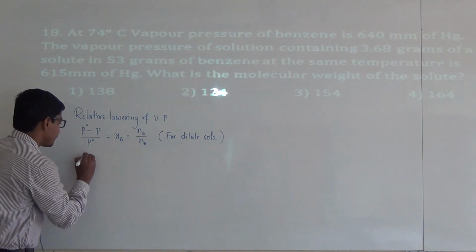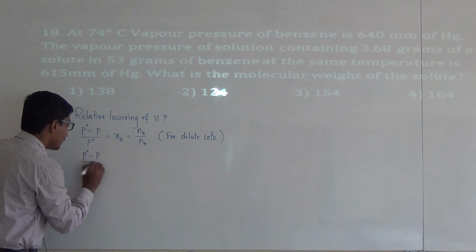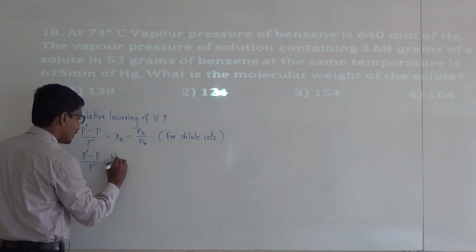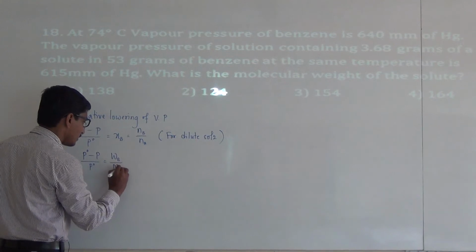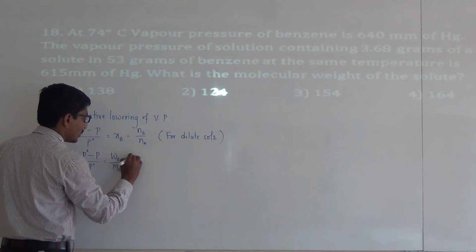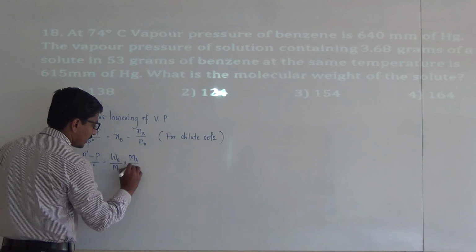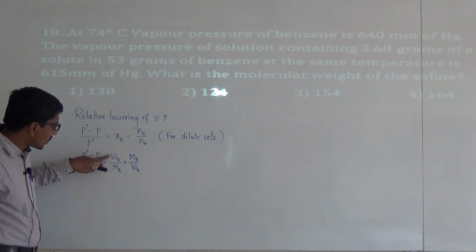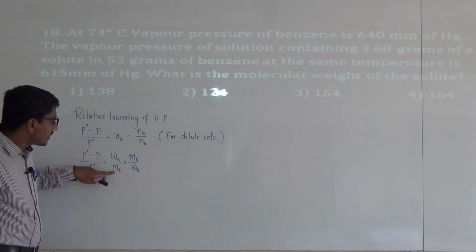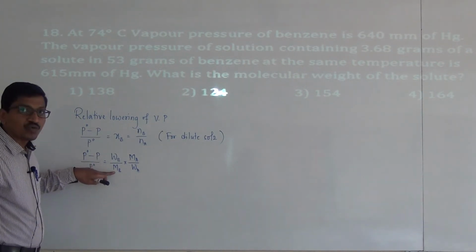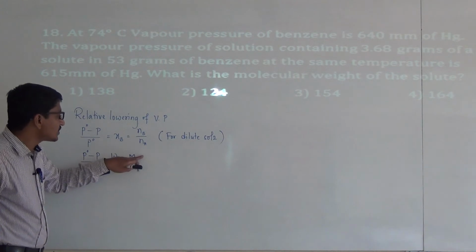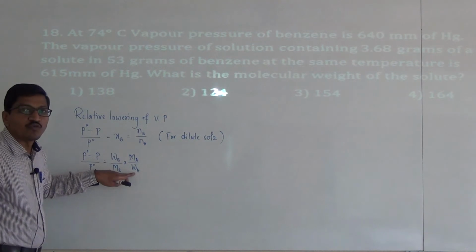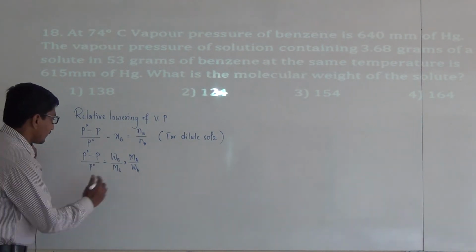From this relation, (P naught minus P) by P naught is equal to WB by MB into MA divided by WA. WB is the weight of solute, MB is the molar mass of solute, MA is the molar mass of solvent and WA is the weight of solvent.